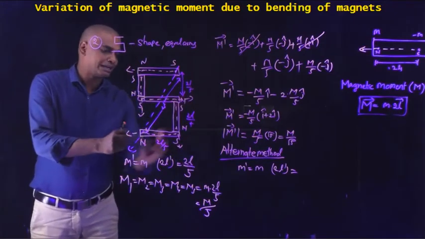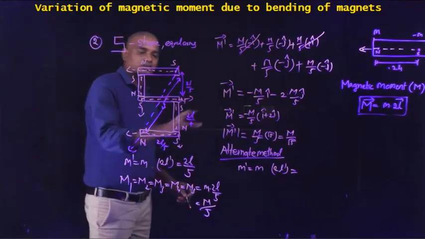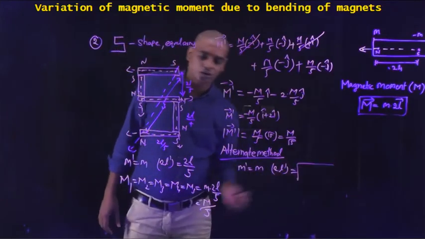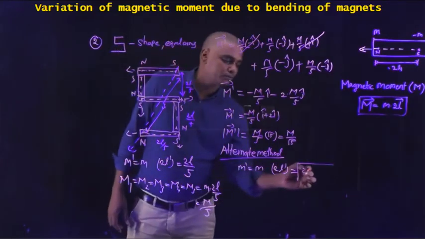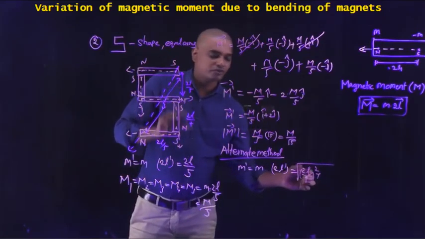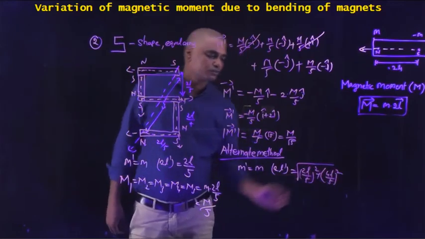As it forms a right angle triangle, we know that the hypotenuse square is equal to the sum of the squares of the adjacent sides. So 2L dash is equal to root over (2L by 5) whole square plus (2L by 5 plus 2L by 5, that is 4L by 5) whole square.